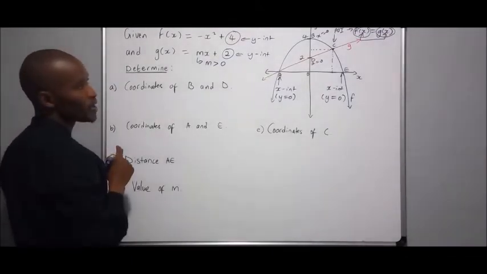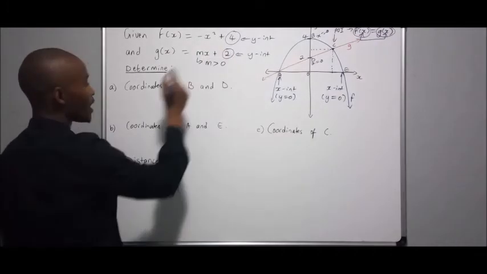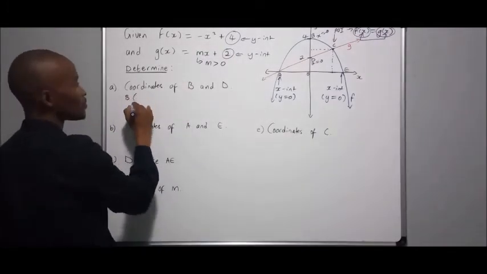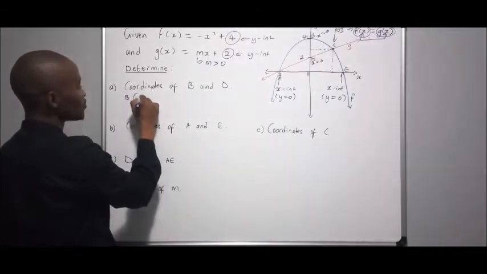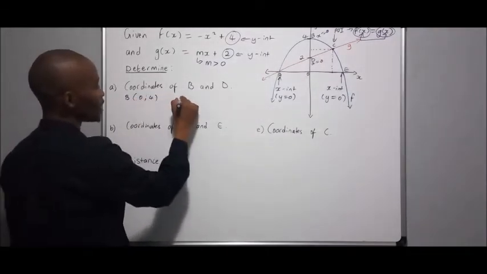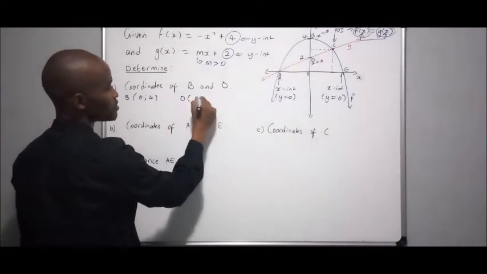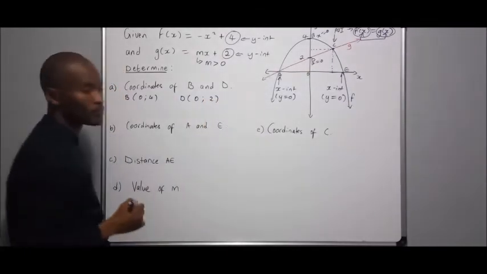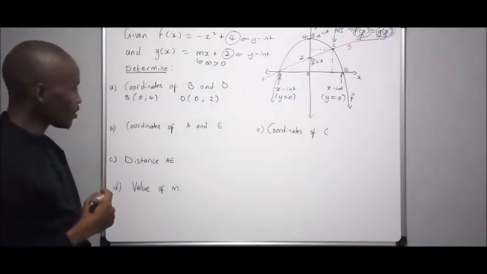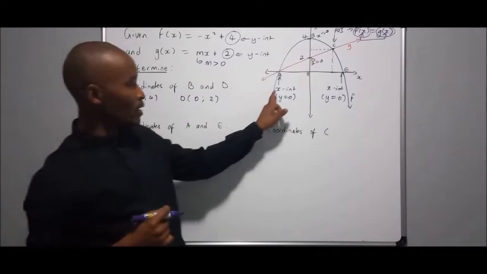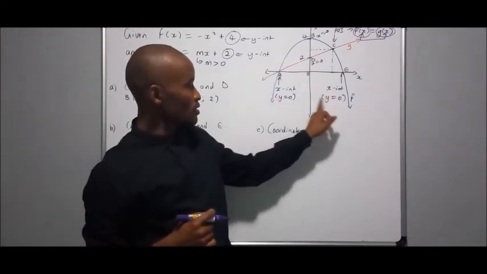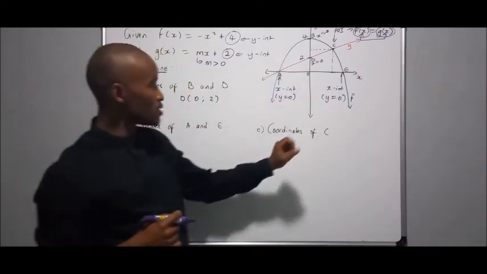Determine the coordinates of B and D. We've done that already by just understanding standard format of functions. So B will be (0, 4), and D will be (0, 2). Coordinates of A and E, what are they? They are x-intercepts, and there the y-coordinate is 0.